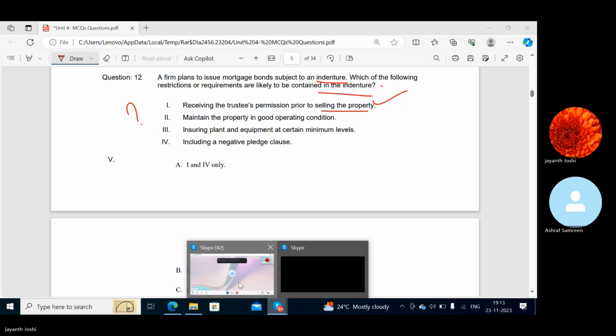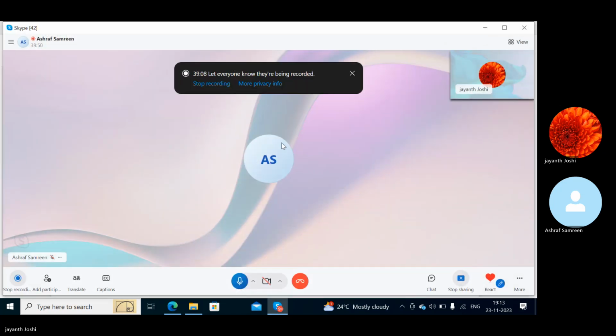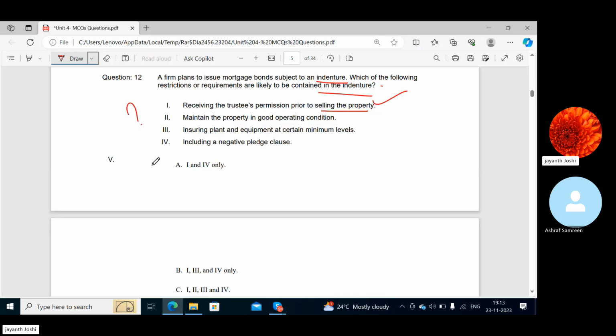In the same way, when a company wants money from people, they have to mortgage the property. That is asset backed security. They will transfer the assets to a trust, and whenever the property has to be sold, the trust will give permission. Without their permission, the property cannot be sold. That is a valid point in an indenture. Correct or wrong?